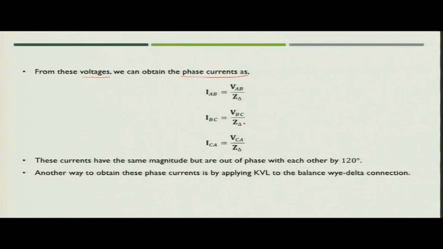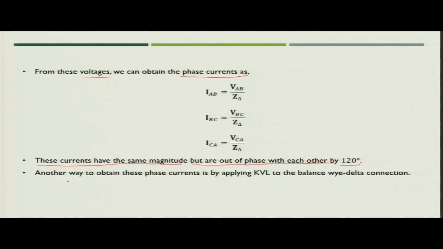IBC will be VBC by Z delta, and ICA will be VCA by Z delta. These currents have the same magnitude, but they are out of phase with each other by 120 degree, because these voltages are out of phase with each other by 120 degree.